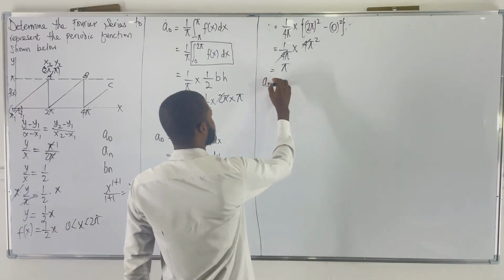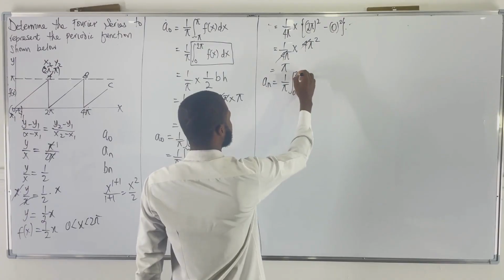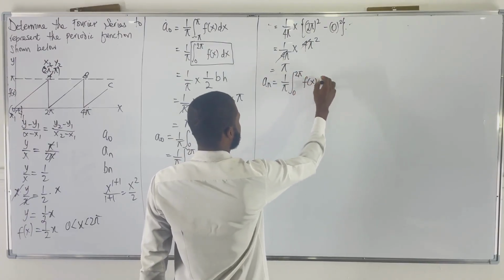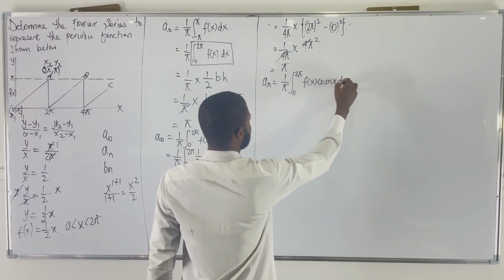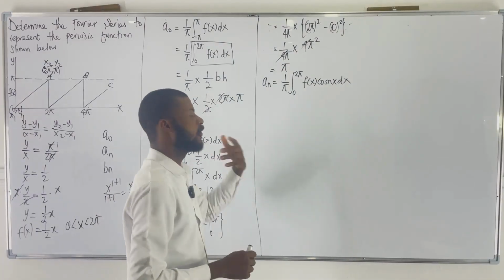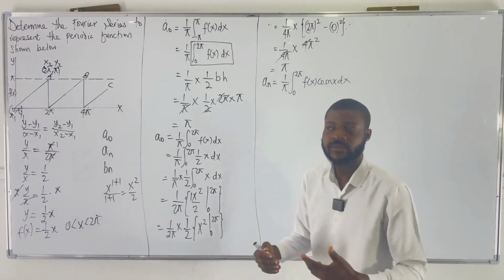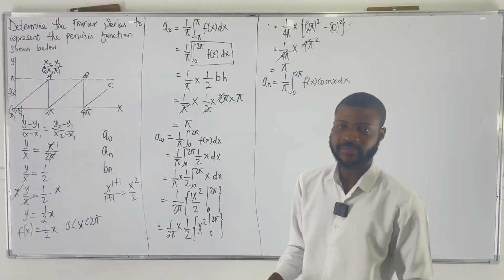So a sub n is 1 over pi integral from 0 to 2 pi of f of x cos nx dx. Now remember, what does a sub n do for us? Fourier series is all about writing functions in terms of sines and cosines.